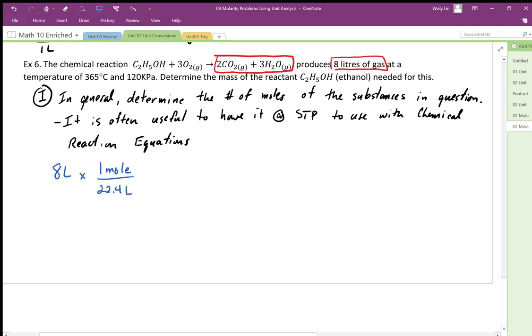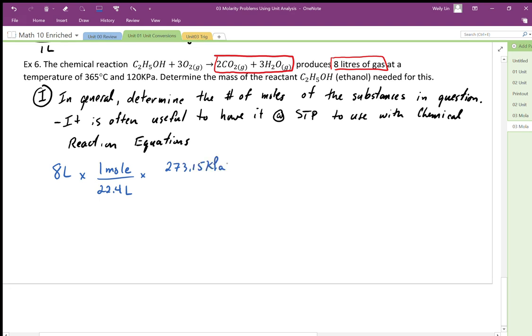Now if I'm going to use that 22.4 liters of gas, I have to convert it to STP. This temperature, that 8 liters is measured at 365 degrees Celsius. I need the temperature at STP. I need to make my volume smaller.